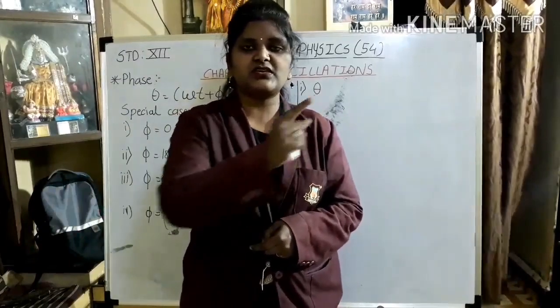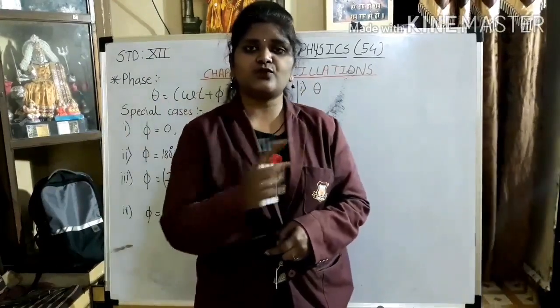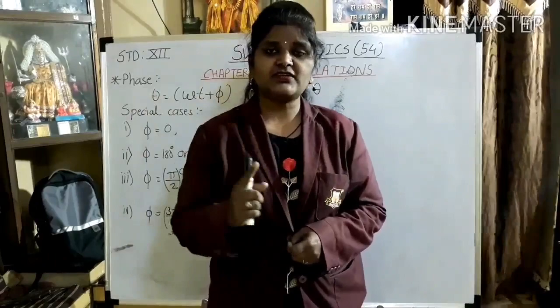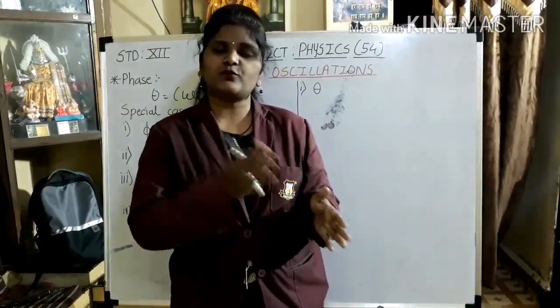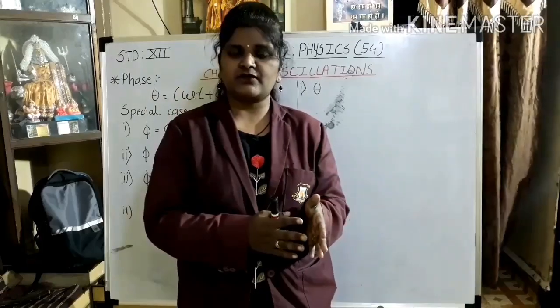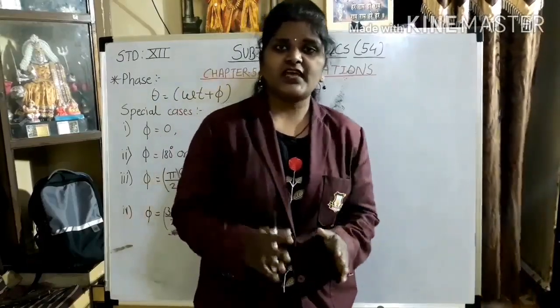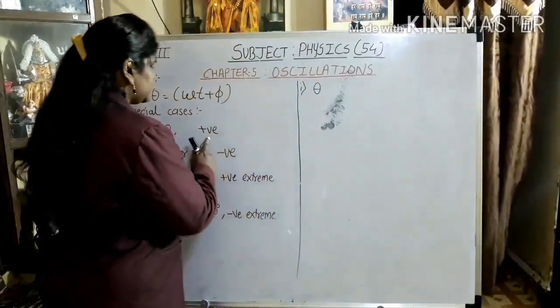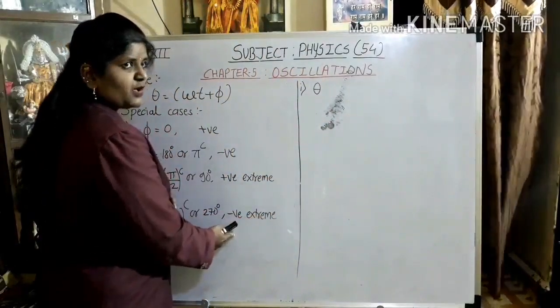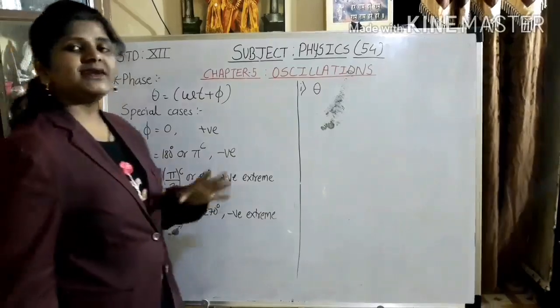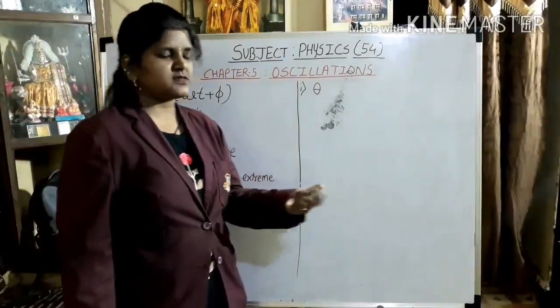It always oscillates to and fro, and while oscillating it travels from mean to extreme, from positive to positive, from negative to negative. That is why I have written positive and negative, positive extreme and negative extreme. It depends on the direction in which it oscillates.